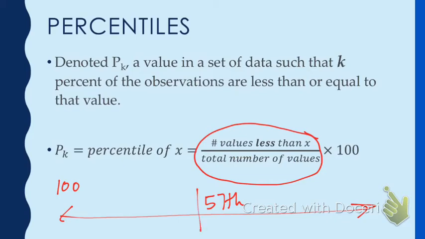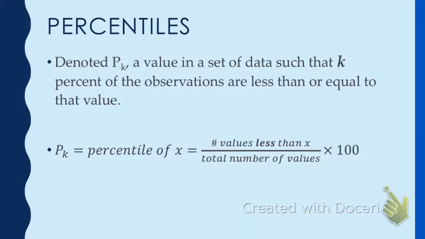To find my percentile, I would take the 56 people below me and divide by the total number of people, which is 100, which gets 0.56, and then multiply that times 100. So I would be in the 56th percentile. That means 56% are below what I am. You don't actually have to multiply by 100, you can just move the decimal over.